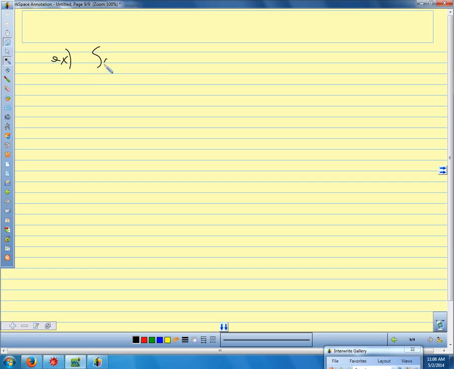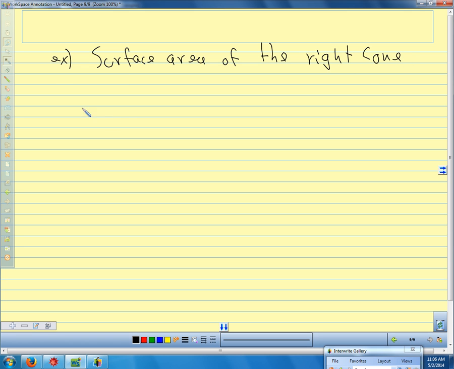We want the surface area of the right cone. So here's my picture.